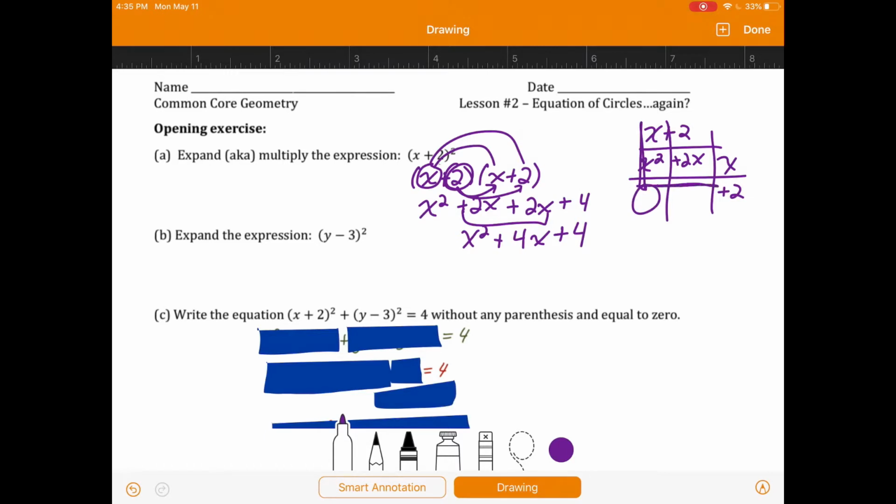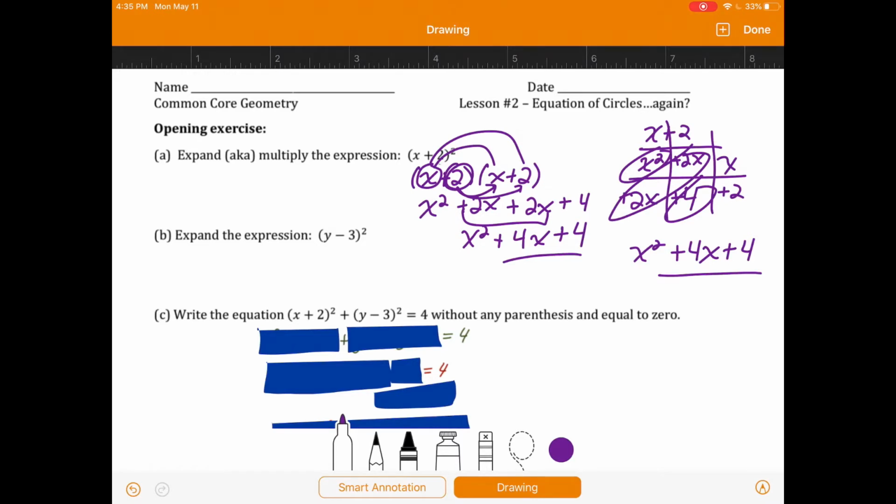This part here is x times 2, so that is, again, positive 2x. And then right here comes from 2 times 2, so that is positive 4. And then you add them up diagonally. So we've got this, which is just x squared, these two added together, which is 4x, and then this piece, which is 4. And then you get the same thing for both.